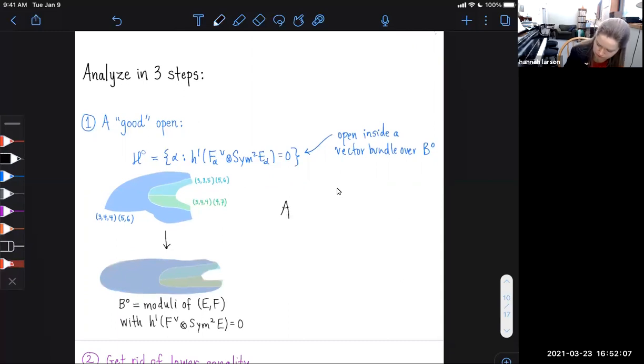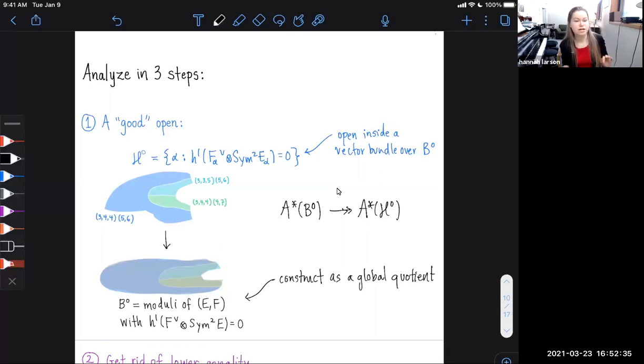And this means that the Chow ring of the base surjects onto the Chow ring of the good open. And we were able to construct this base as a global quotient stack.